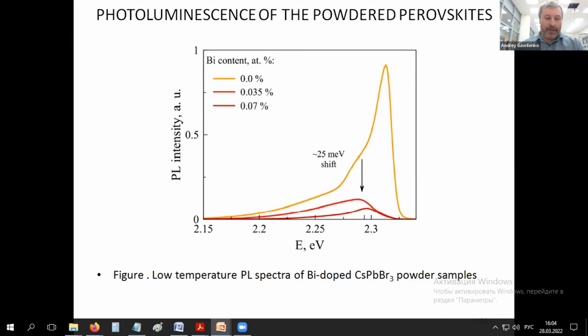The spectra indicate that bismuth 3+ doping completely quenches the excitonic luminescence and the luminescence associated with intrinsic defects, observed as a shoulder in the photoluminescence spectrum of the cesium lead perovskite. This is the case with increasing bismuth concentration.